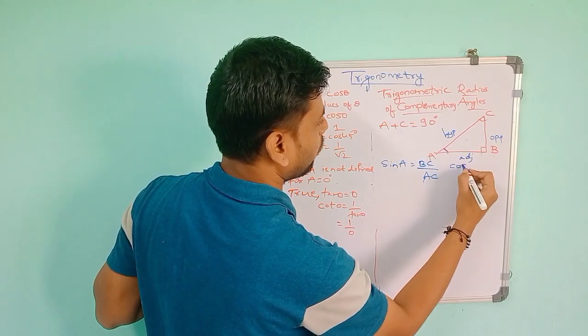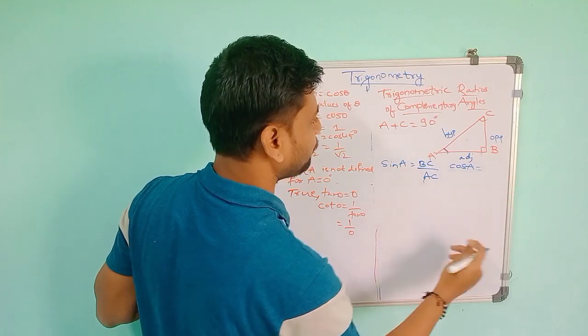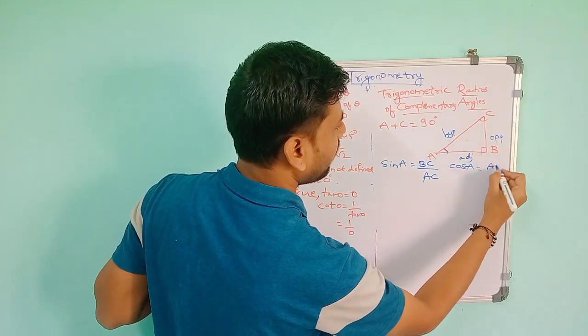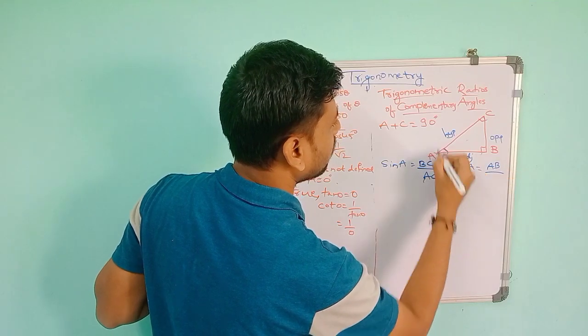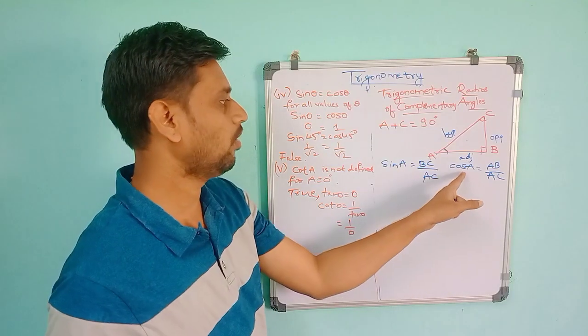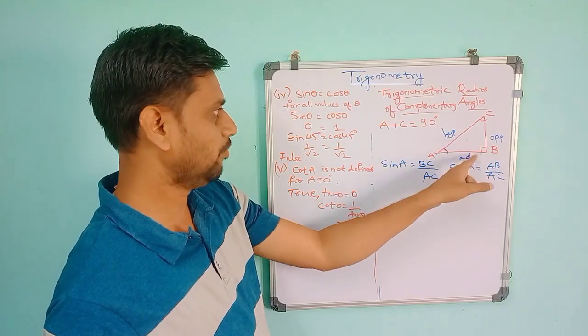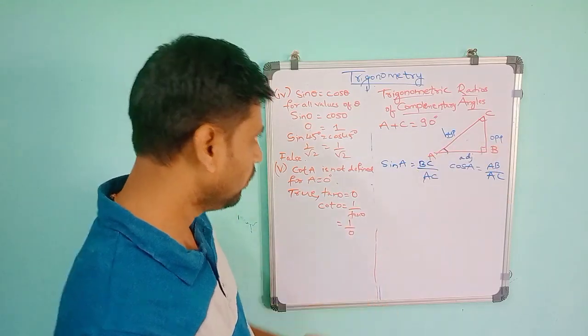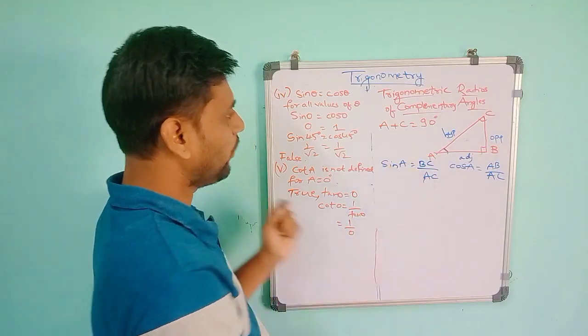Now you can take cos A, adjacent by hypotenuse. So AB by AC, because cos is adjacent by hypotenuse. Adjacent is AB, hypotenuse is AC. So we have taken the values in terms of A.